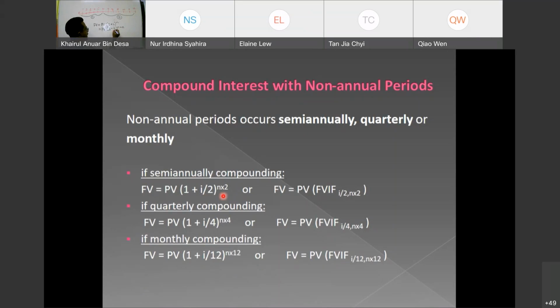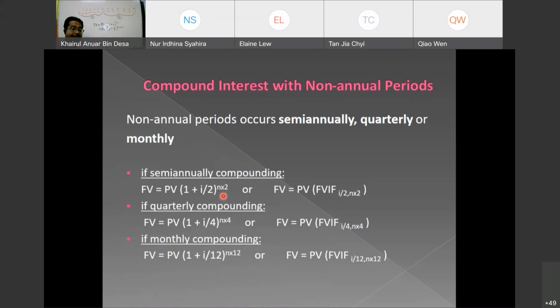I bahagikan dengan 2 dan n didarab dengan 2. Can you see? This is what we call semi-annual.